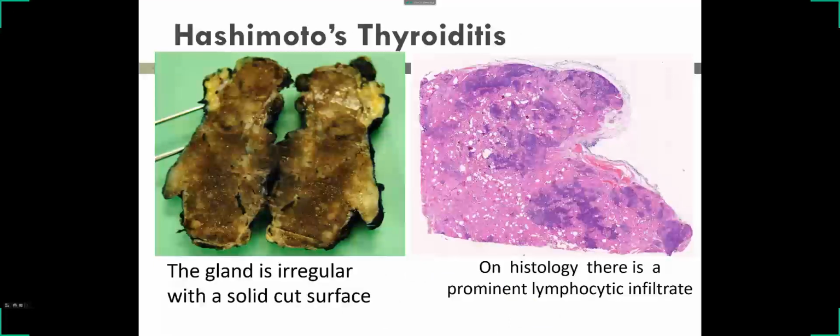So, in the case of this autoimmune condition of Hashimoto's thyroiditis, you can see very quickly the gland is very irregular in shape, and in the histology there's a prominent lymphocyte infiltration.